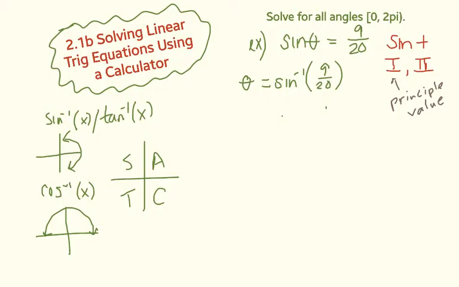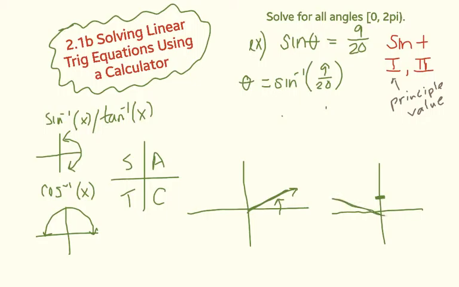So if I were to draw a quick sketch of what I'm talking about, there's going to be two answers, and I'll draw a sketch for each of them. Both of them will have y values of 9 over 20, which is actually pretty small. Maybe this is the first one that we're talking about, this guy here. And the second guy has the same y value, but it's in quadrant 2.